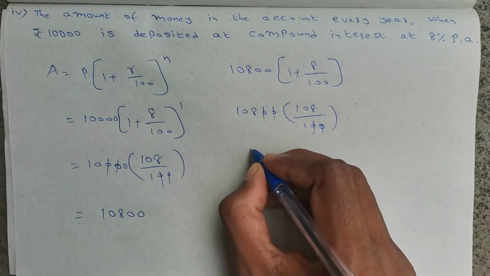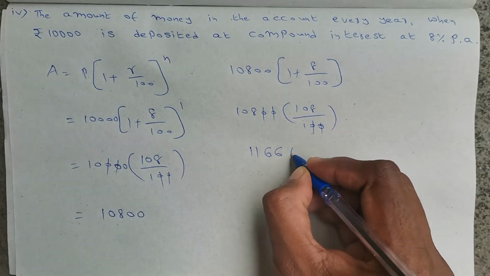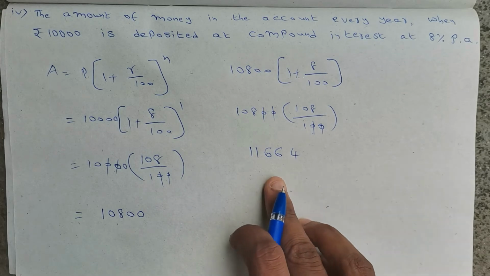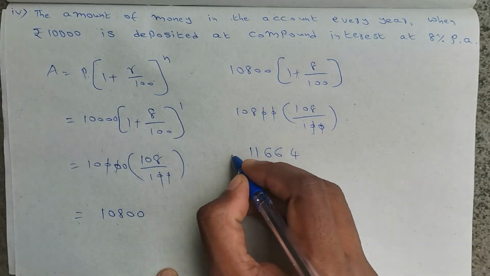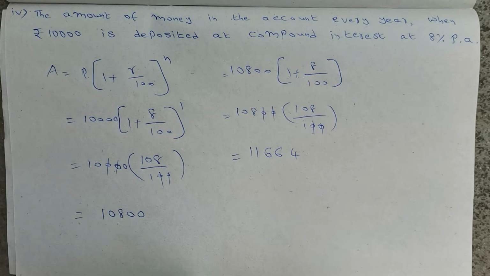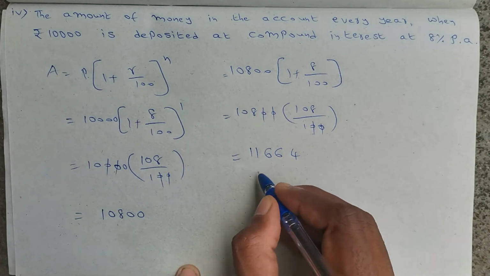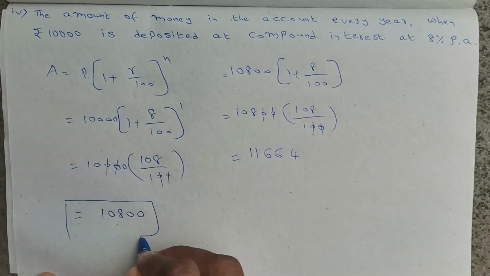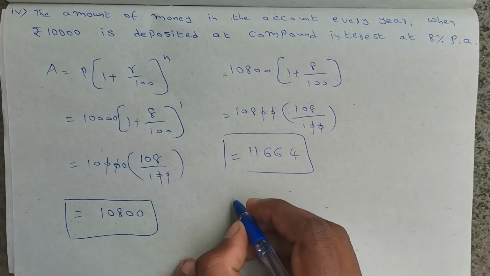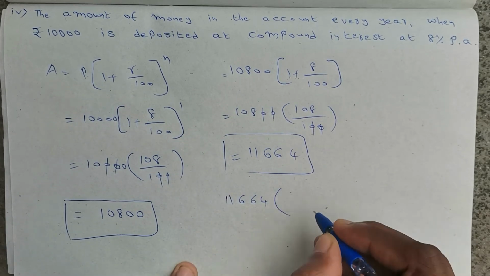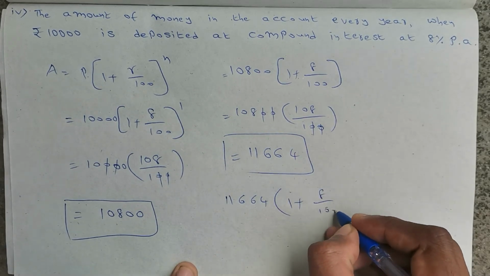108 into 108 is nothing but 11664. Now this 11664 is the amount. In the next step, it will become the principal. So 11664 into 1 plus 8 by 100.